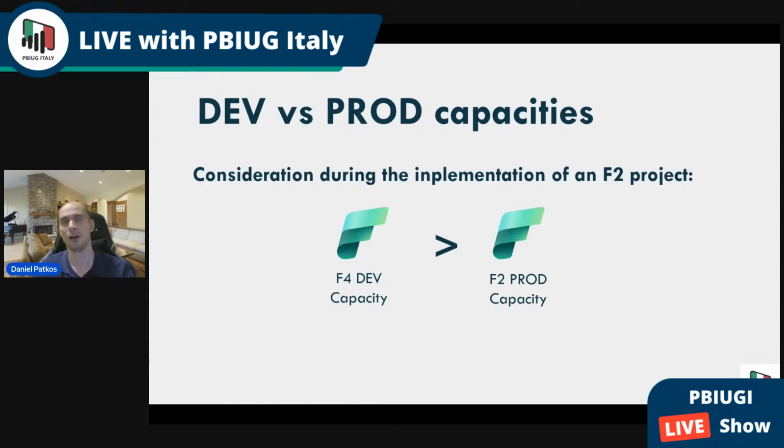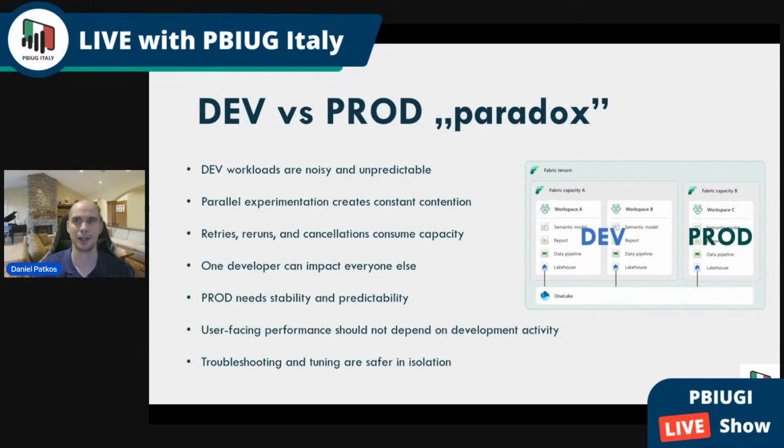In the other case, we used F4 for development, and then after go live we scaled that back to F2. At first it sounds like a paradox, or not very intuitive, but if you think about how development actually looks, I think it's going to make sense.